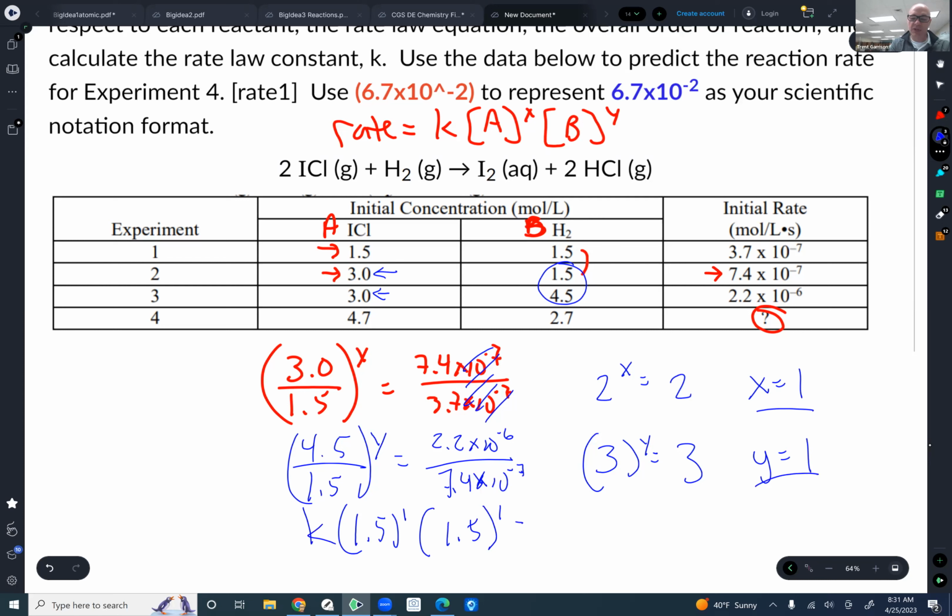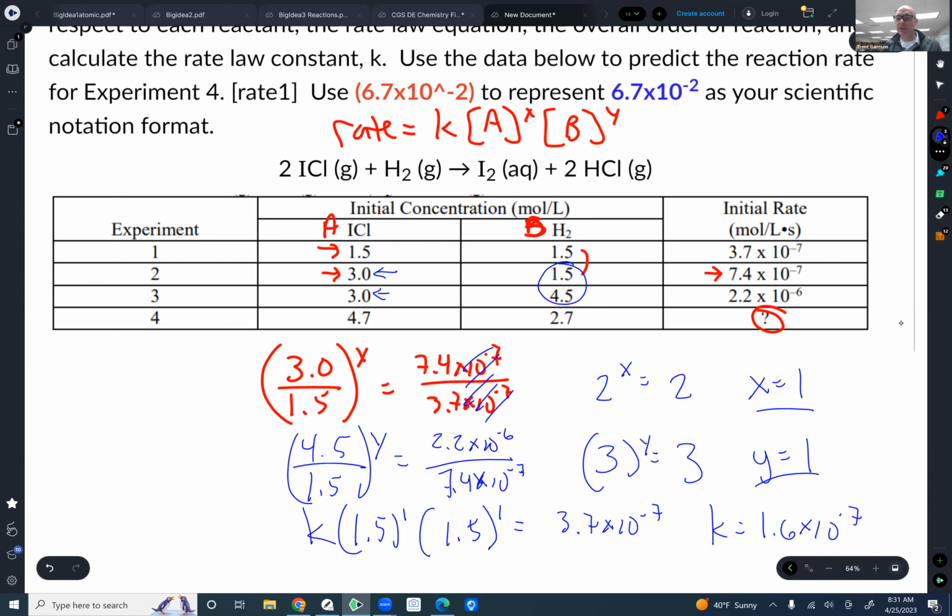The k is in front, and the rate for this one is 3.7 times 10 to the negative 7. So I'm going to isolate, dividing both sides by 1.5 and 1.5. So I've got 3.7 times 10 to the negative 7 divided by 1.5 divided by 1.5, and you get k is equal to 1.6 times 10 to the negative 7.